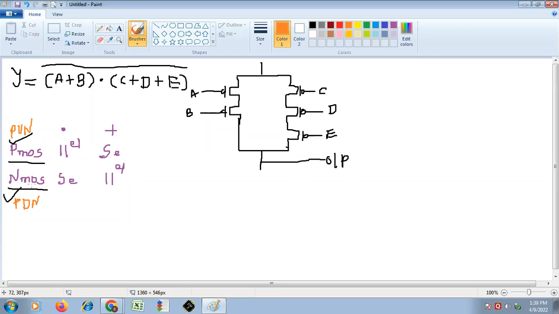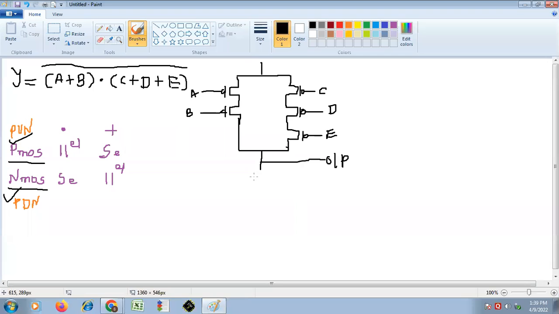Okay, so you have to remember this. Now we have to go for the pull down network. Okay, now how to go with this pull down network?